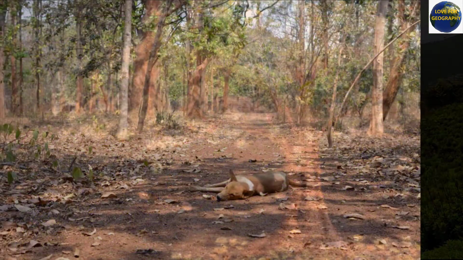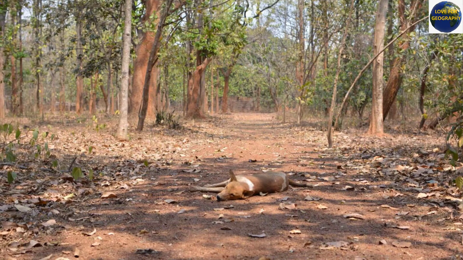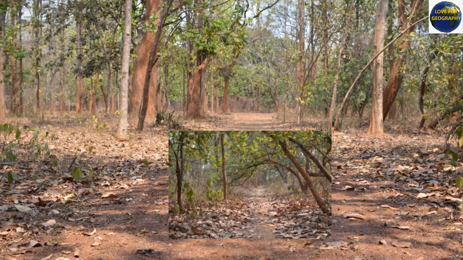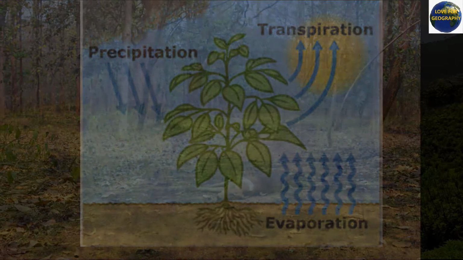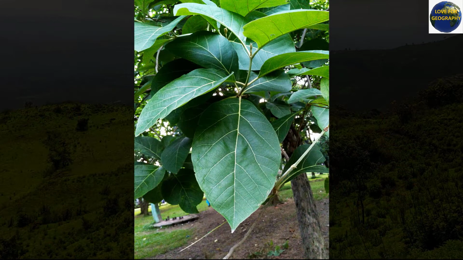Now the question is, why do tropical deciduous trees shed their leaves? And the answer is to prevent excess loss of water via transpiration. Tropical deciduous trees are usually composed of large and broad leaves. When water is plentiful, the trees take up water.